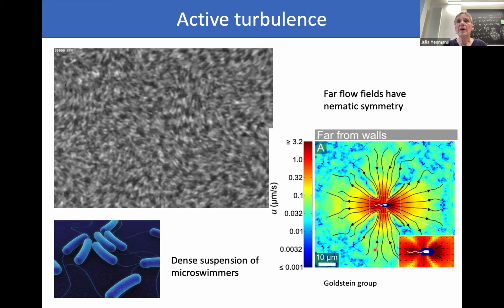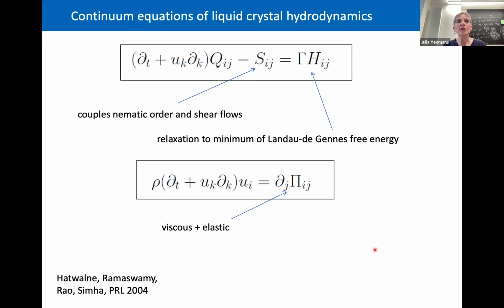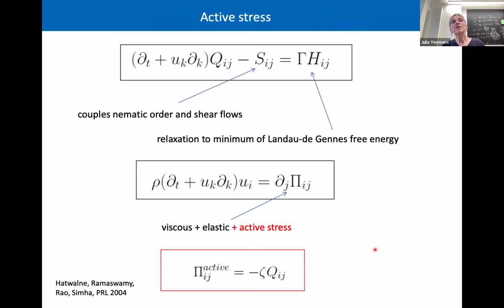So how does that appear in the equations of motion? Well, the answer is you just have this very simple extra term. It's an extra term which goes in the stress tensor. And this thing here is the activity that basically tells you how many swimmers you've got and therefore how strong these active forces are.